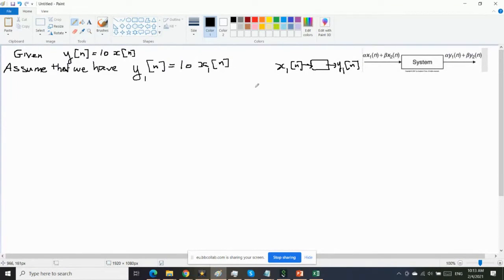y1 should be equal to 10 x1. Also, we assume that there is another one, x2, and therefore they also follow the same formula.